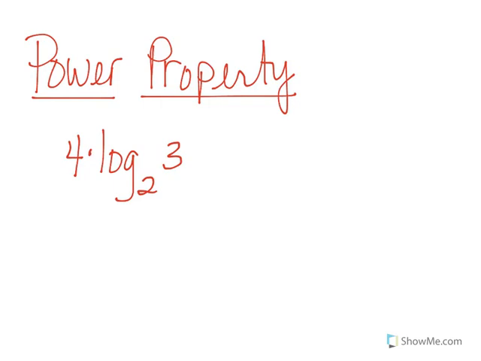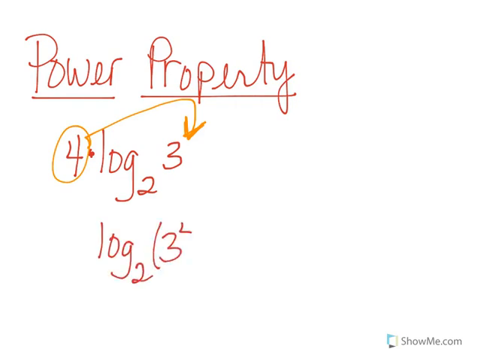Right? The power property says that a coefficient of a logarithm can be swooped up, and in this case it will become the exponent of this 3. So what we're really looking at is this.